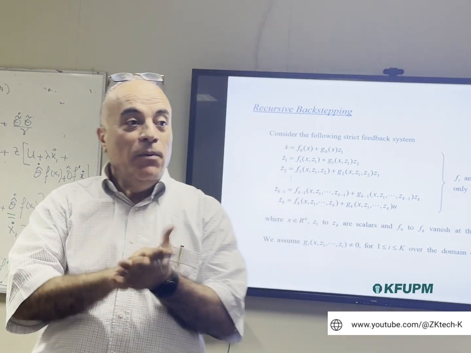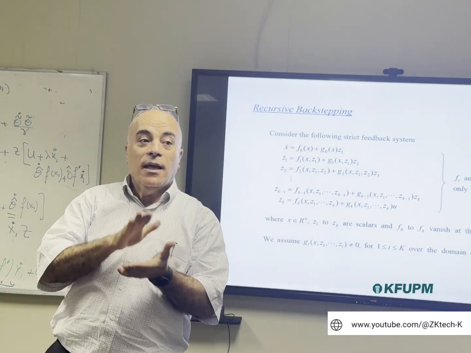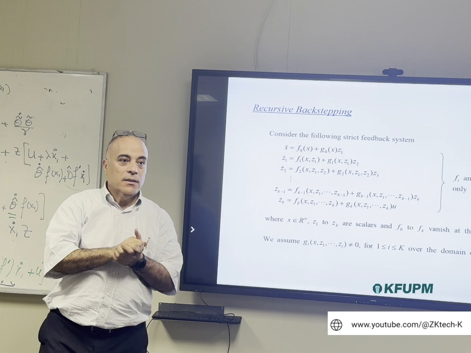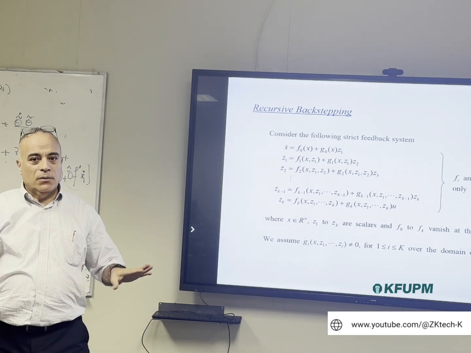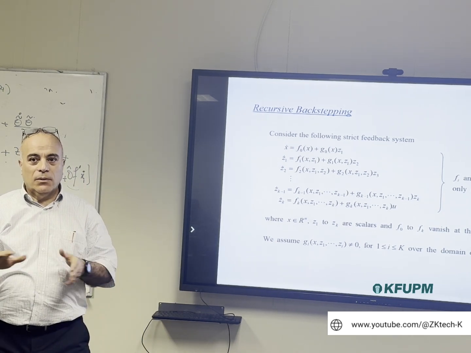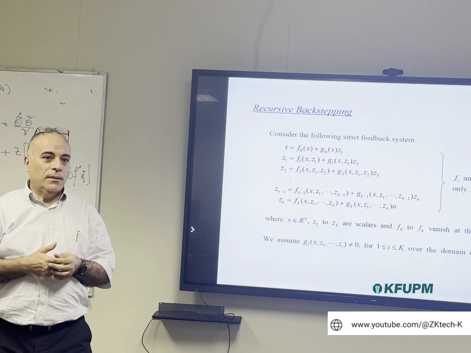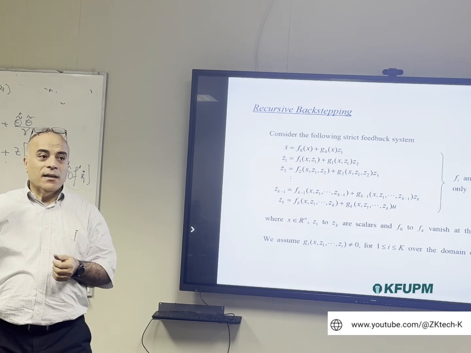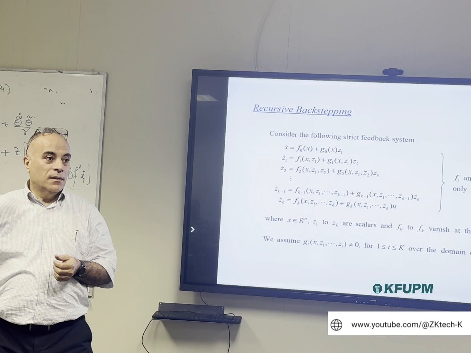Okay, what I will do next time with you is sliding mode control. Right? So again, we will start with how we implement the sliding mode controller, and then we convert it to the adaptive one. And it's exactly the same thing that I did here.